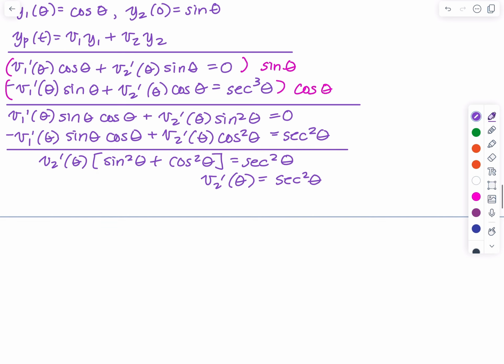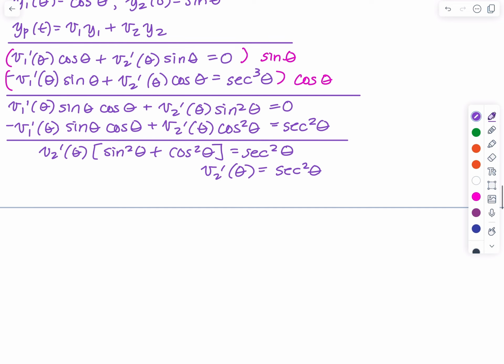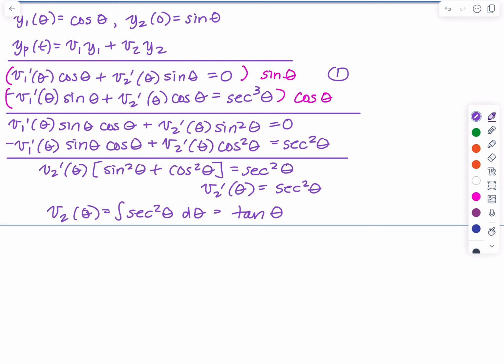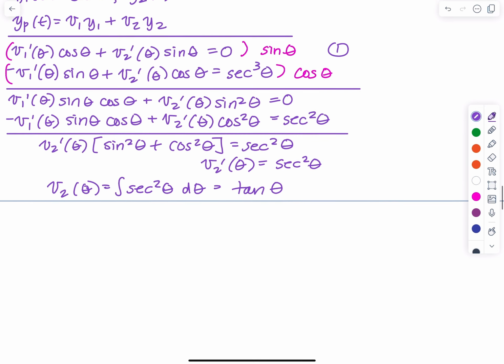So remember, we can go ahead and find v2 of theta by integrating. So we have v2 of theta is going to be equal to the integral of the secant squared theta d theta, and that's equal to the tangent of theta. So now we want to go back and use equation 1, and we will find v1 prime of theta.